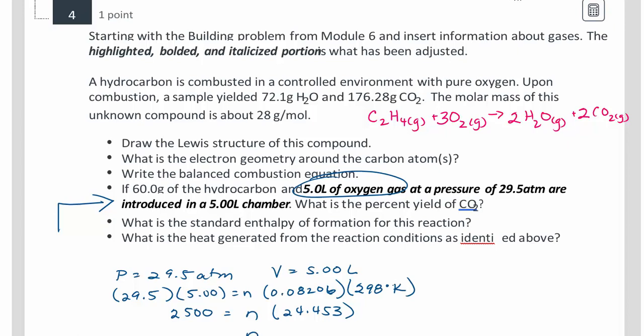So in order to solve for N, I need to divide both sides by this 24 value. And I get N is 6.03. So about 6 moles of oxygen gas. I'm going to leave that in my calculator.